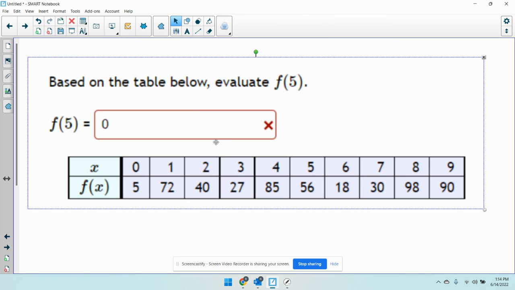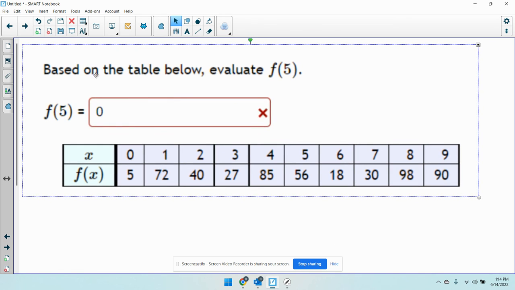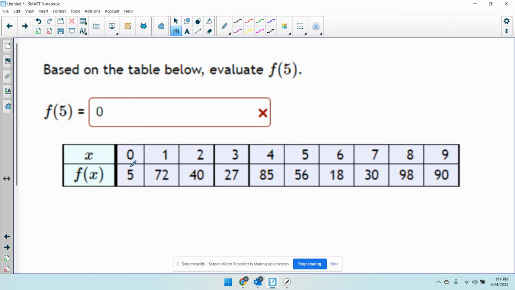And the last one, don't make it harder than you have to. You kind of went backwards, I think. Based on the table below, evaluate f of 5. So you saw 5 here and thought it was 0. But this is saying x equals 5, right? The thing in the parentheses is what we're replacing x with. So we're looking for x equals 5 here.